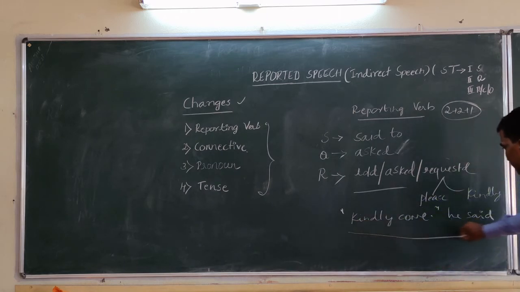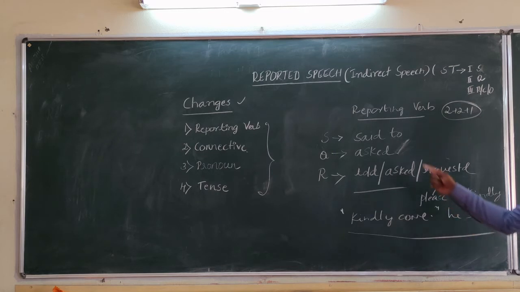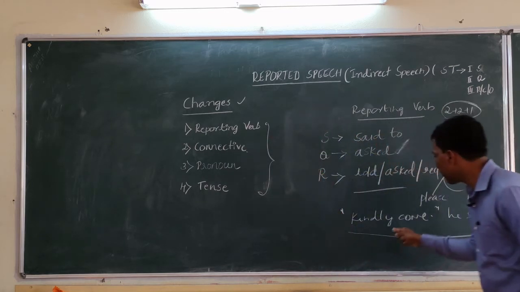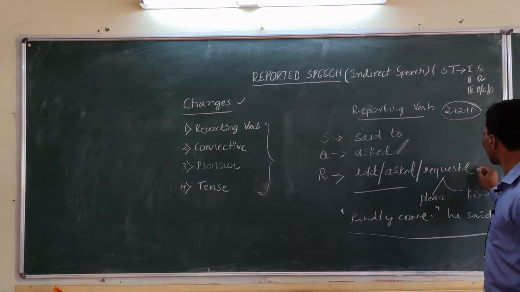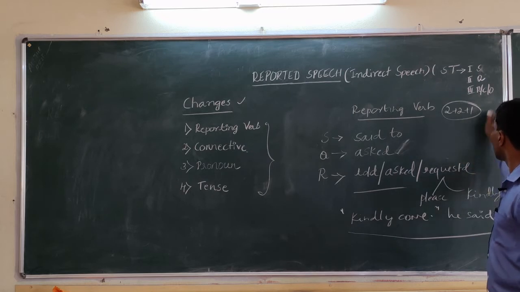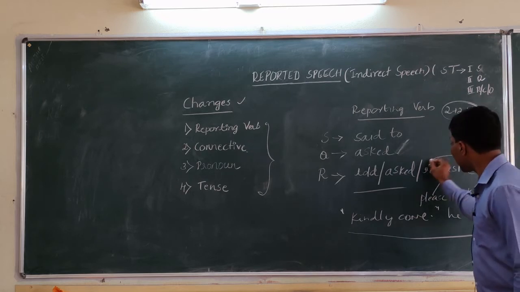But in indirect speech, we can't accept this verb. Why? This reporting verb is to be changed according to the sentence type. Sentence type is RCO. In particular, here it is not order, I'm sorry. It is a request.